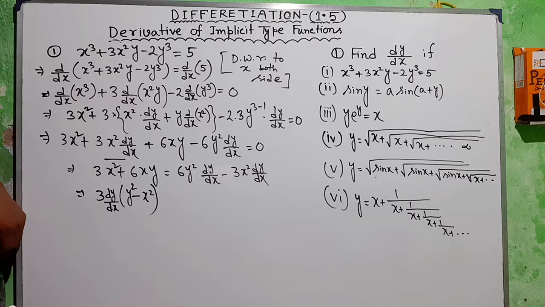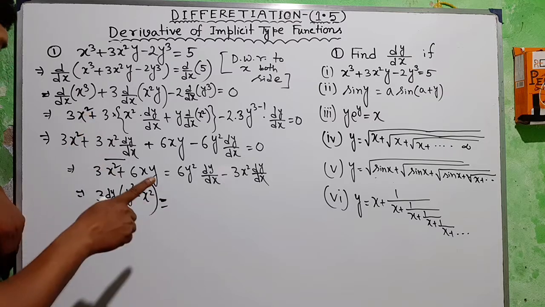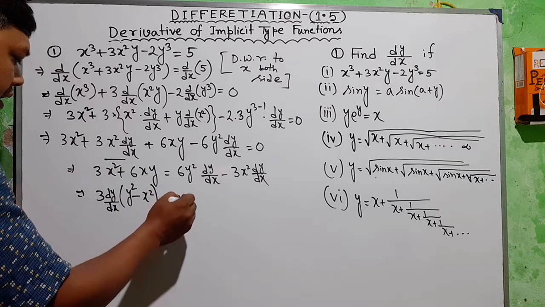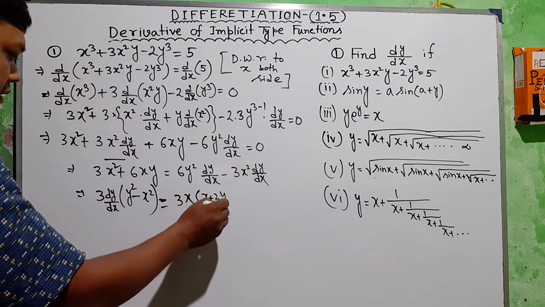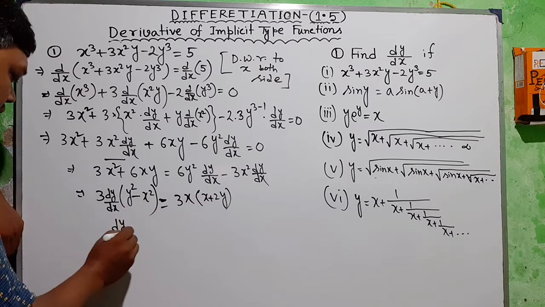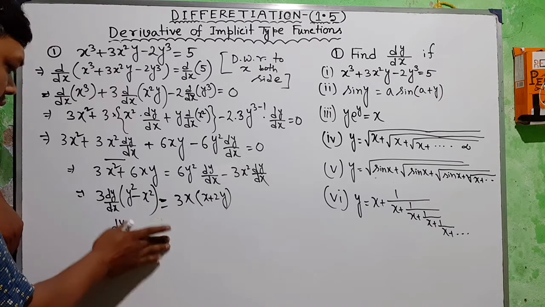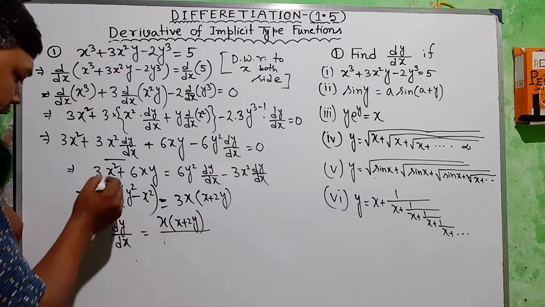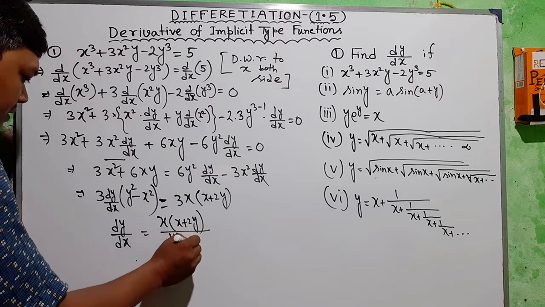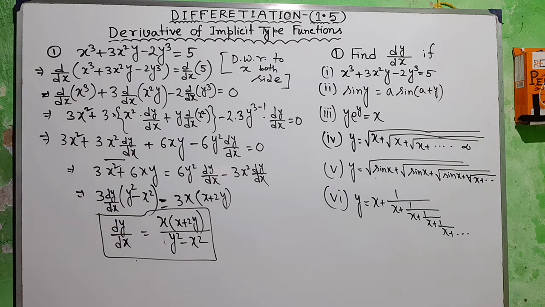Taking 3x common, 3x into x plus 2y equals 3 dy/dx into y square minus x square. Cancel 3 on both sides, and dy/dx equals x into x plus 2y divided by y square minus x square. This is our required derivative.